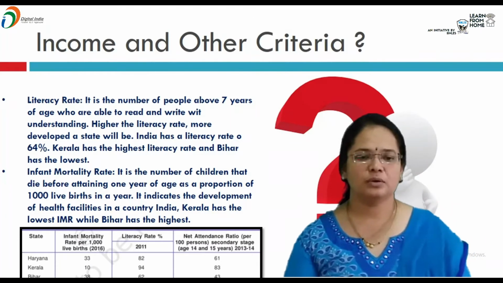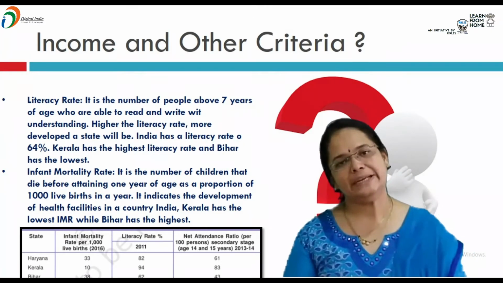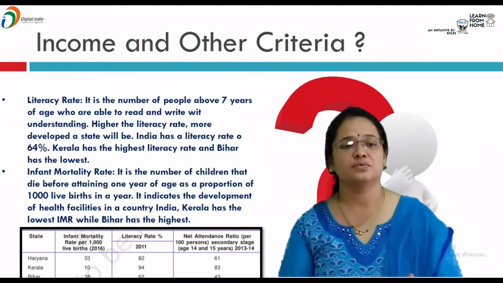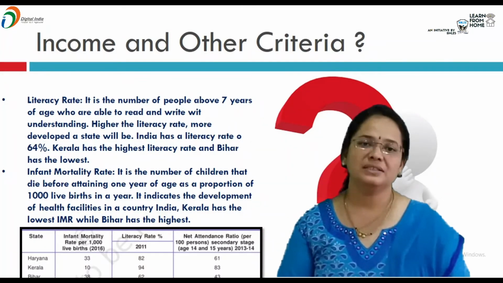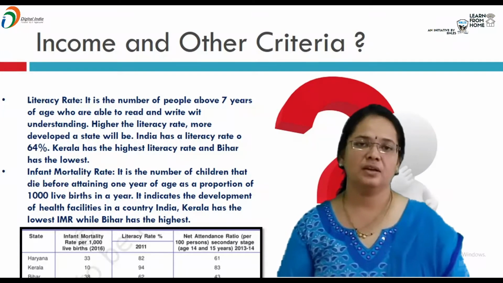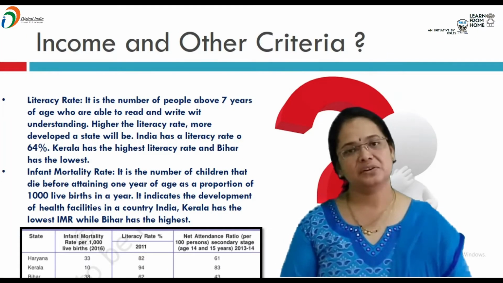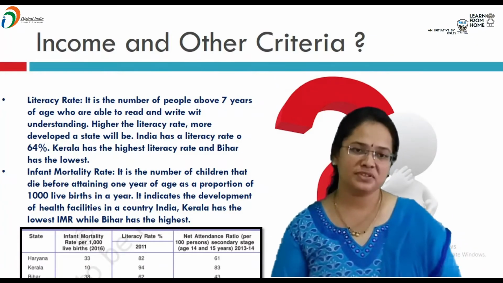So this is about the literacy rate. Do you understand what is meant by literacy rate? It is the number of people above 7 years who are able to read and write and also understand whatever they are reading and writing. The higher the literacy rate, the more developed the country or state.